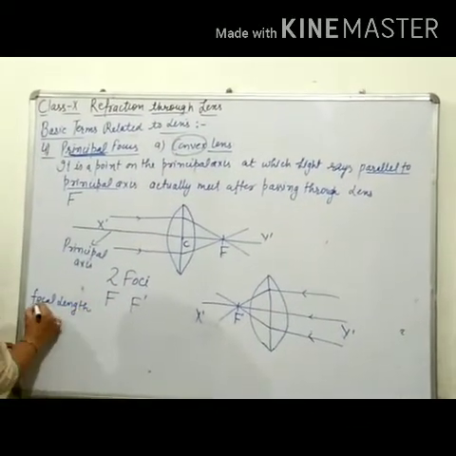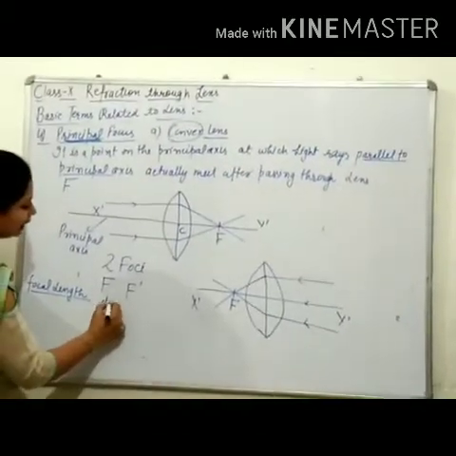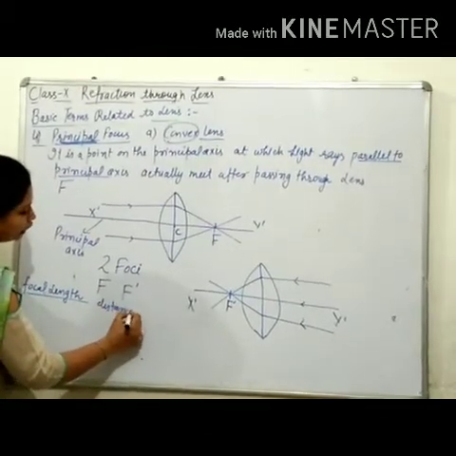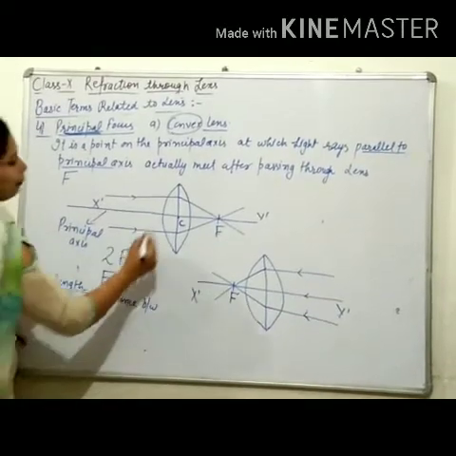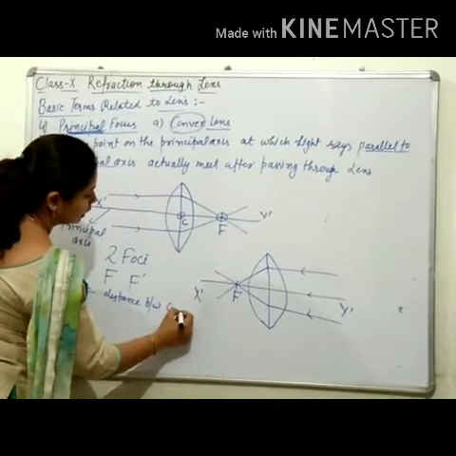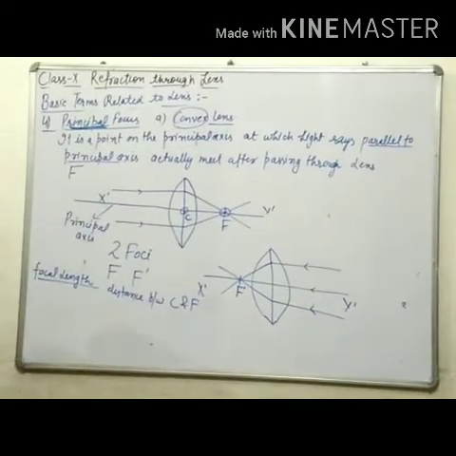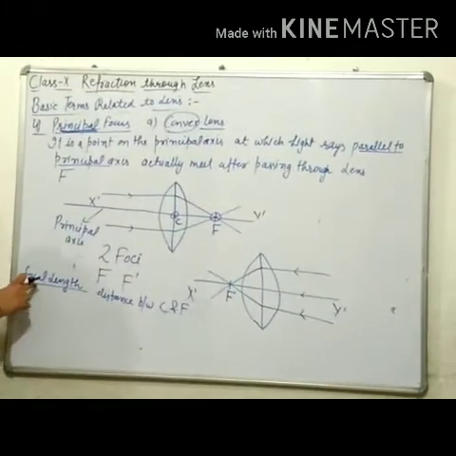Focal length is the length of focus. It is the distance, the separation between the optical center C and the principal focus F. So it is known as focal length.